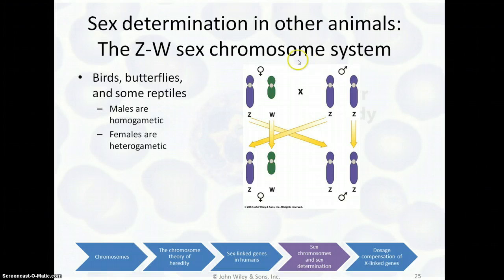The males are the homogametic ones, which means that they're the ones that have the same sex chromosomes, whereas the females are the heterogametic, which means they produce gametes with either one or the other sex chromosomes. And in this case, the female determines the gender of the offspring because she can give either a W or a Z, producing either the female or the male, whereas the male can only give a Z chromosome.